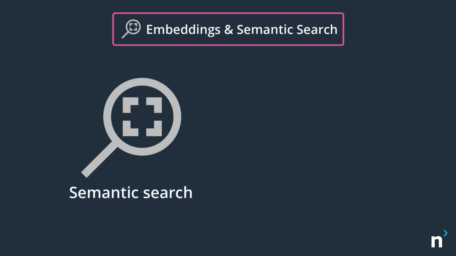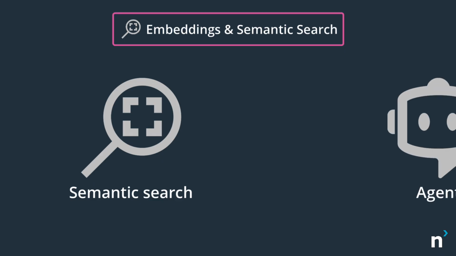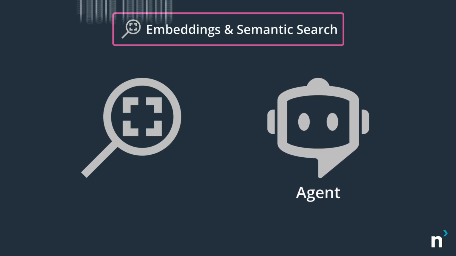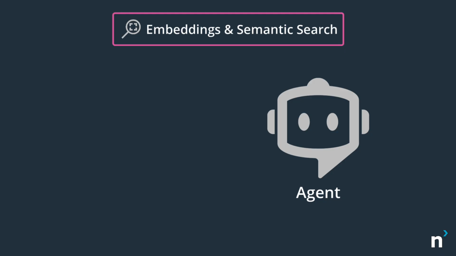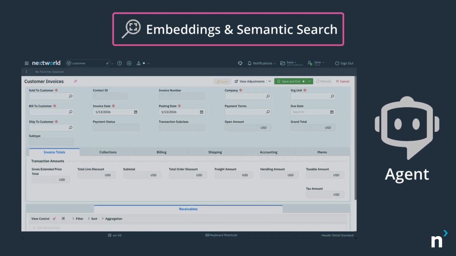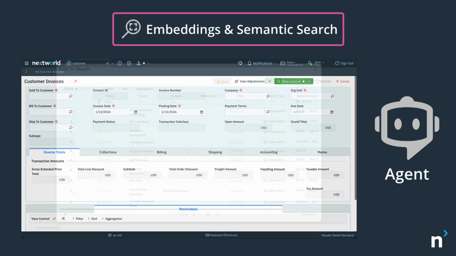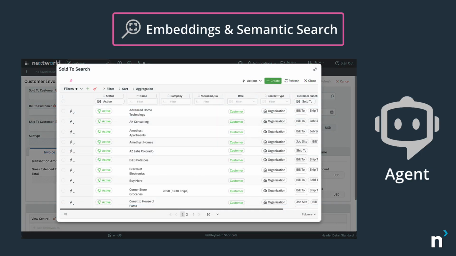Semantic search becomes especially important when an agent needs to work with the table lookup field. For example, if an AI process is creating a new customer invoice, it first needs to know which customer to associate with that invoice. The agent can use semantic search to find and resolve the correct customer record, even if the user input isn't an exact match.